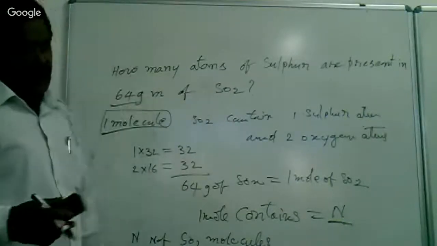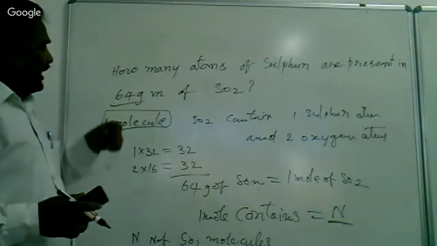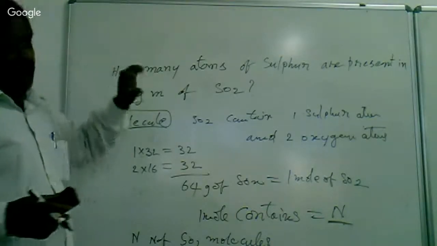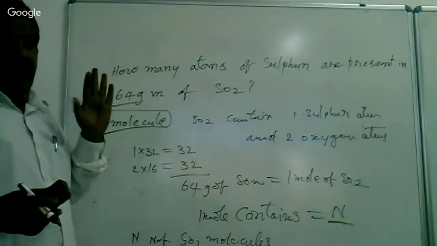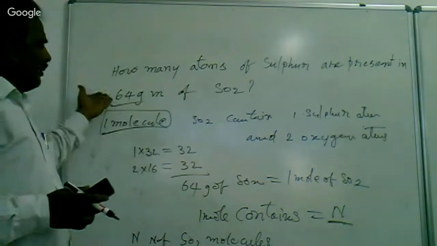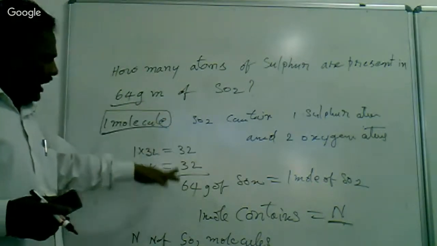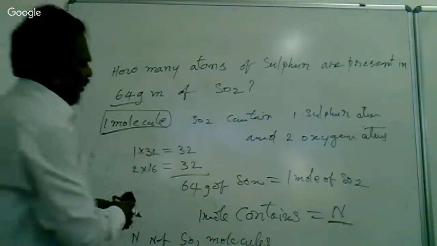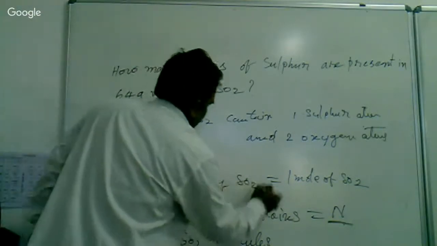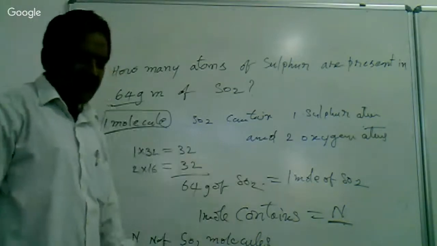Next we need to identify how many molecules there are. 64 grams is equal to how many moles? As we know, 1 mole is equal to Avogadro number of molecules. The molecular weight of sulfur dioxide is 64, so 64 grams of SO2 is 1 mole of SO2, which contains N number of molecules.